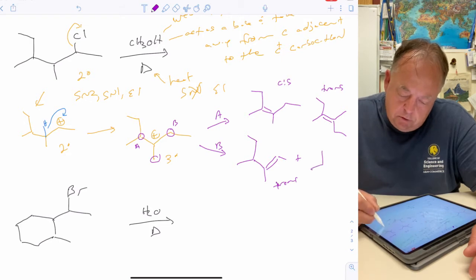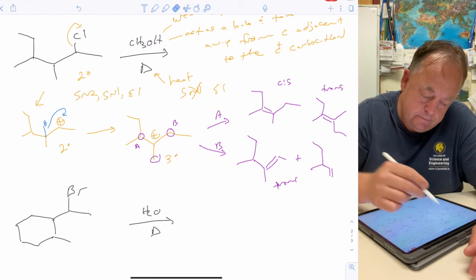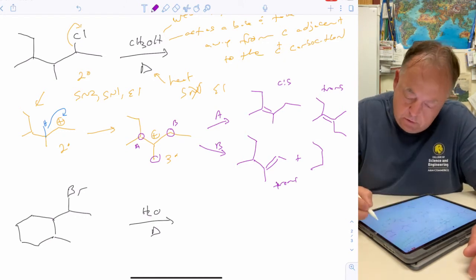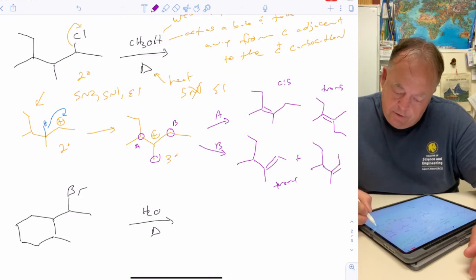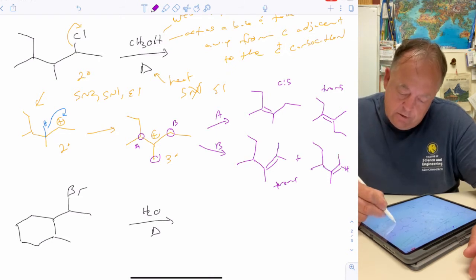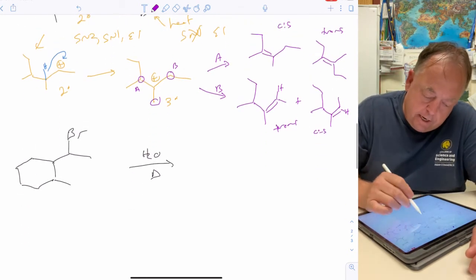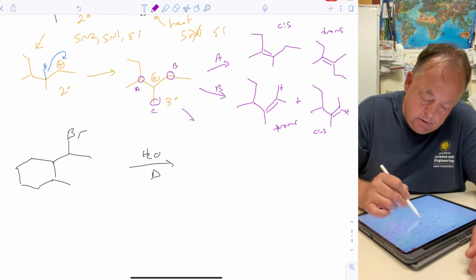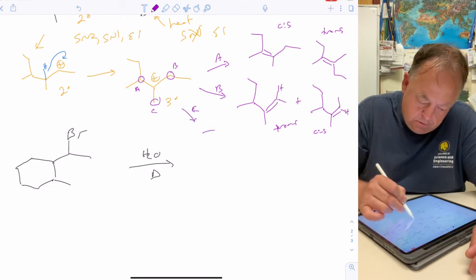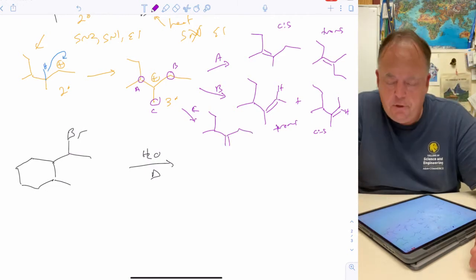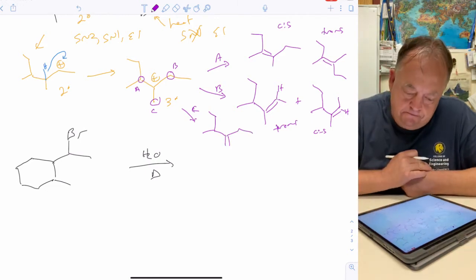Or you could have put the double bond like, oops. So if the methyl was there and hydrogen was here, then that would be the cis isomer. Or you could have taken the hydrogen from C and you could have made that, right?